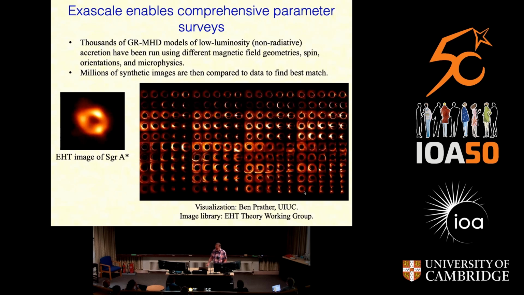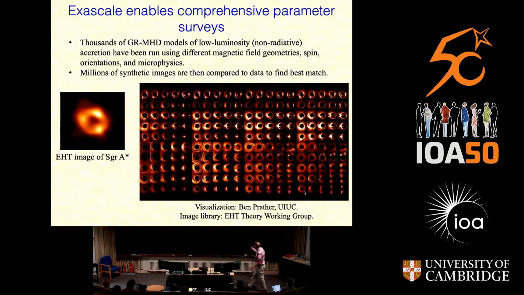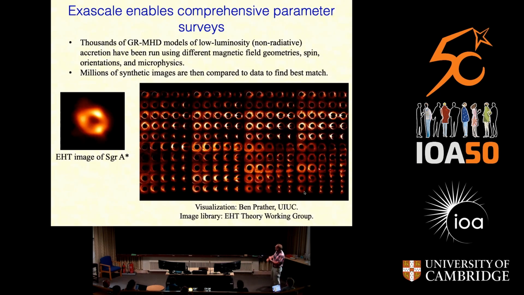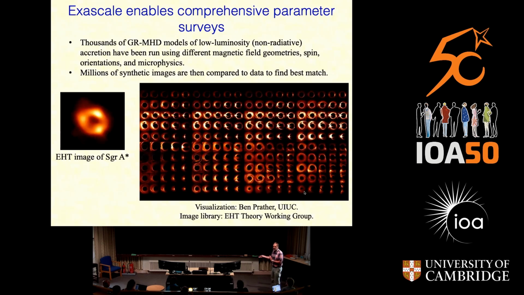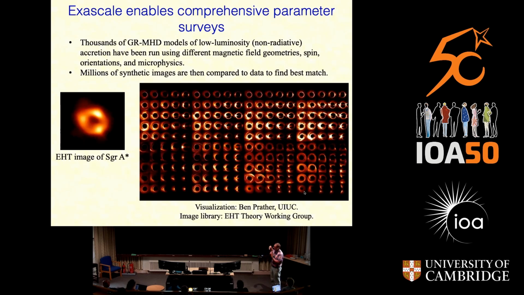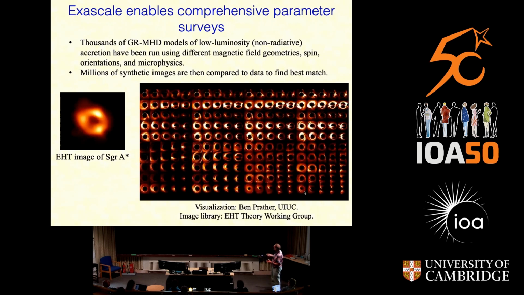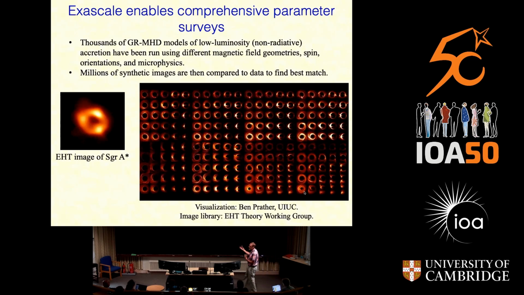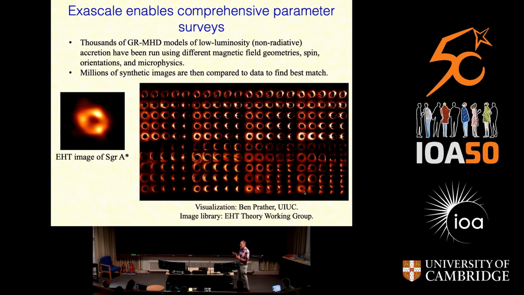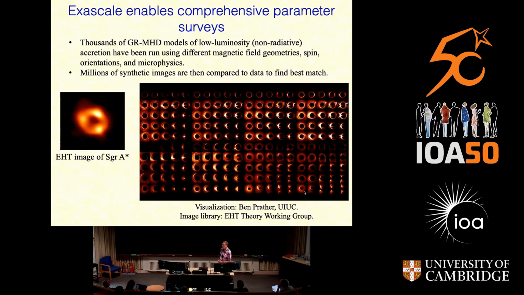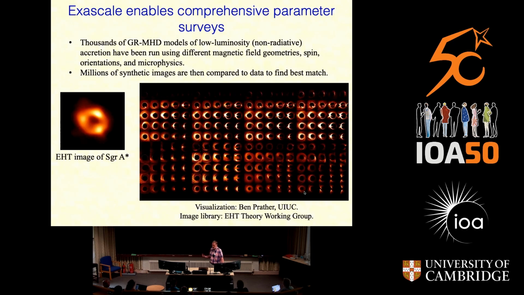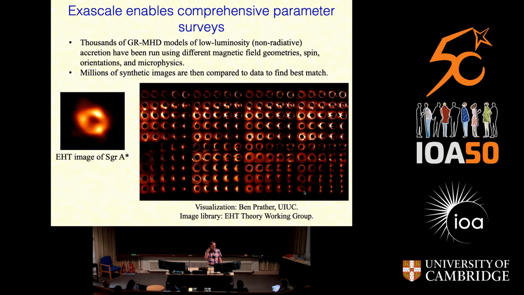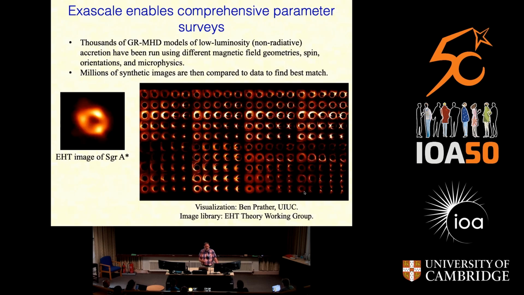And I like this visualization because it shows you an animation of all these models, each with different spins, orientations, magnetic field strengths, and so on in the actual underlying GR-MHD simulation, which are then all ray traced and then compared in some sort of data science way to the images, from which they can then extract the best fit parameters for the orientation, spin, and so on of the black holes in M87 and Sagittarius A star. And I think that's also exciting and enabling stuff.